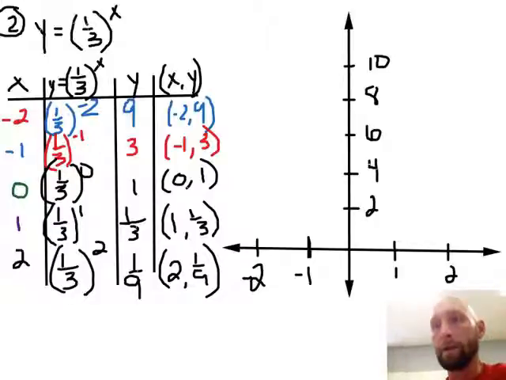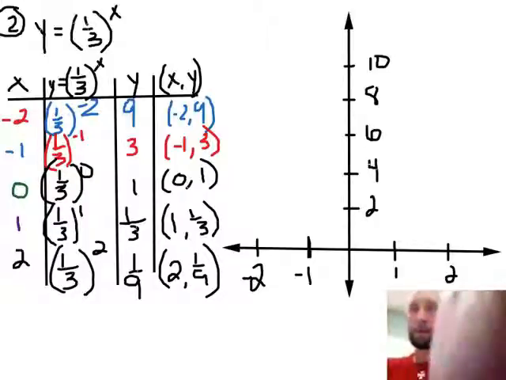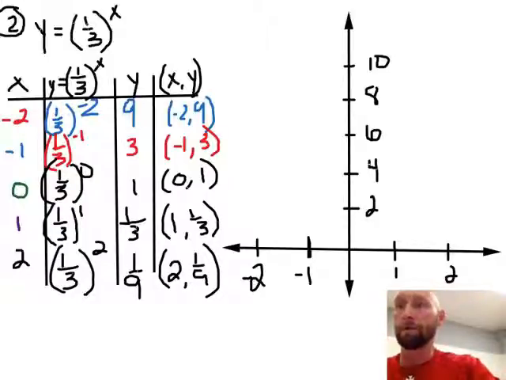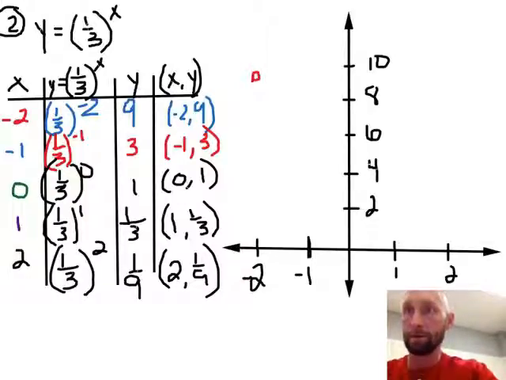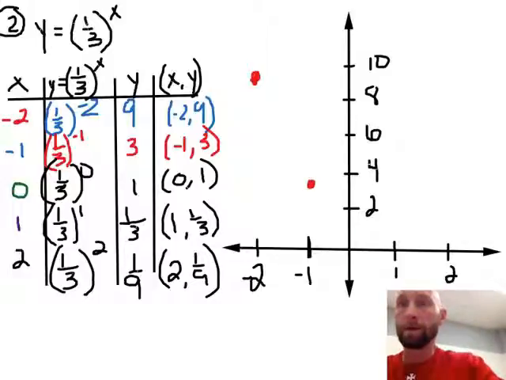Okay. We'll go ahead and graph those. So we have the ordered pair -2, 9, which should be up there somewhere. We have the ordered pair -1, 3, it's about right. Then we have the ordered pair 0, 1, down in there. 1 and 1/3, somewhere.